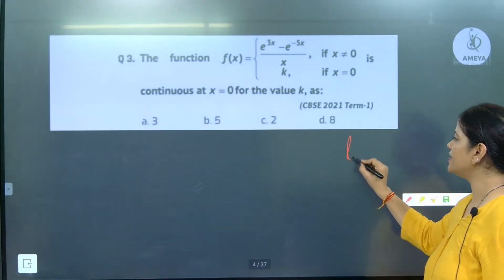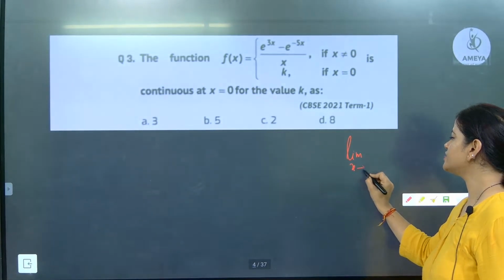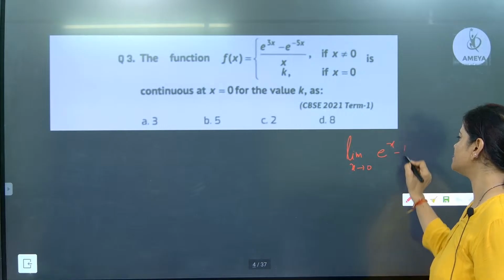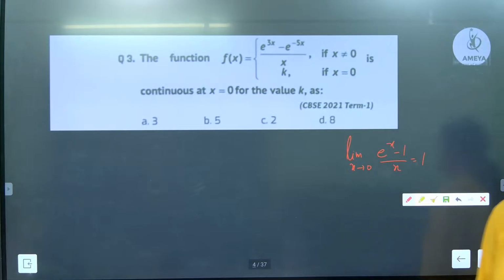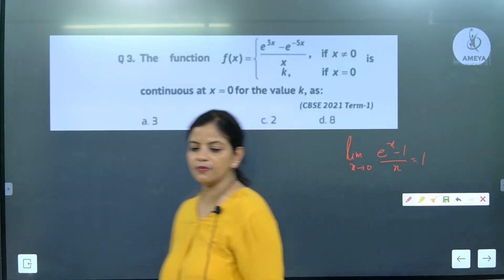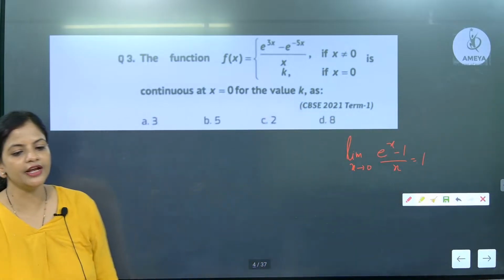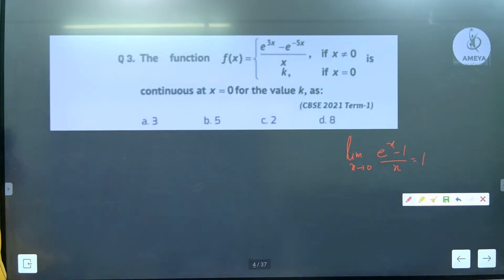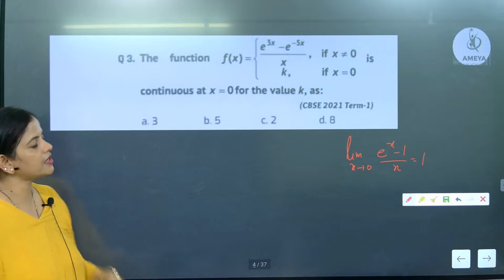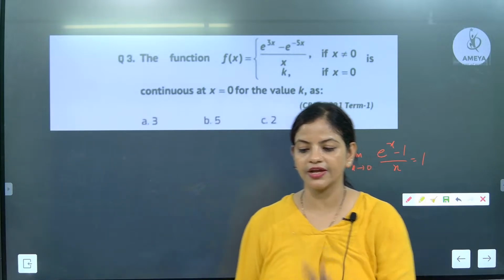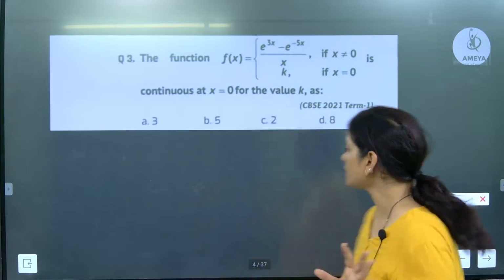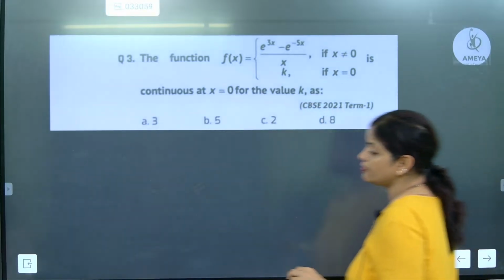The formula is limit x tends to 0, e to the power x minus 1 by x, is equal to 1. Can we catch this formula, please? But how can we catch this formula until and unless we know exactly what we are trying to do here? That question already came in the board exam.